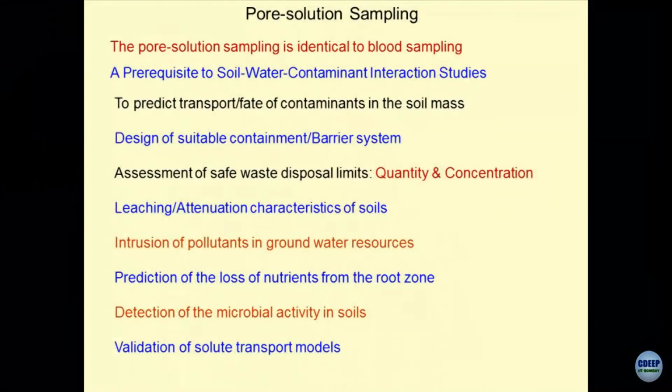Then of course, pore solution sampling is done for validation of the numerical modeling codes which have been developed by people and which are available in the market. There was a time when people were doing mathematical modeling for all the phenomena in geomechanics, and then later on some good sense prevailed among researchers, and they started questioning how good or bad these numerical modeling algorithms or the softwares are.